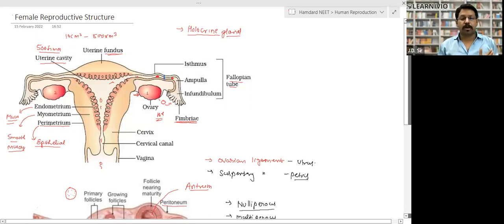Perimetrium is the external covering of the uterus, made up of a layer of epithelial tissue. This middle thick layer is made up of a type of muscles called smooth muscles. So my question was, what is the property of smooth muscles?